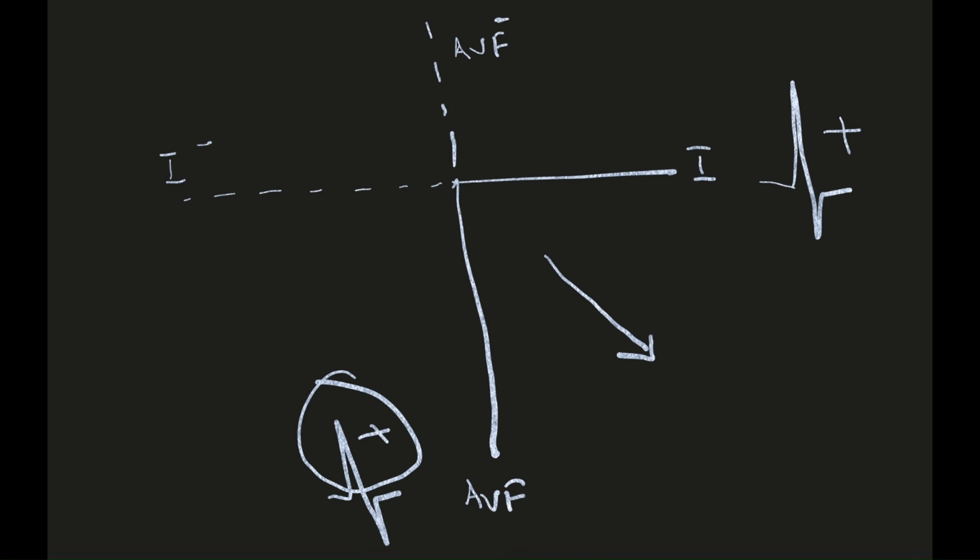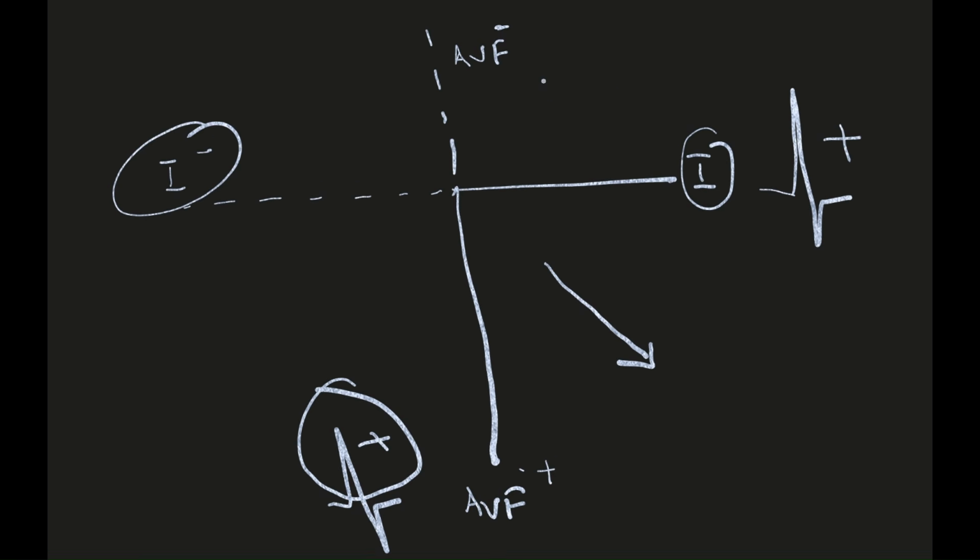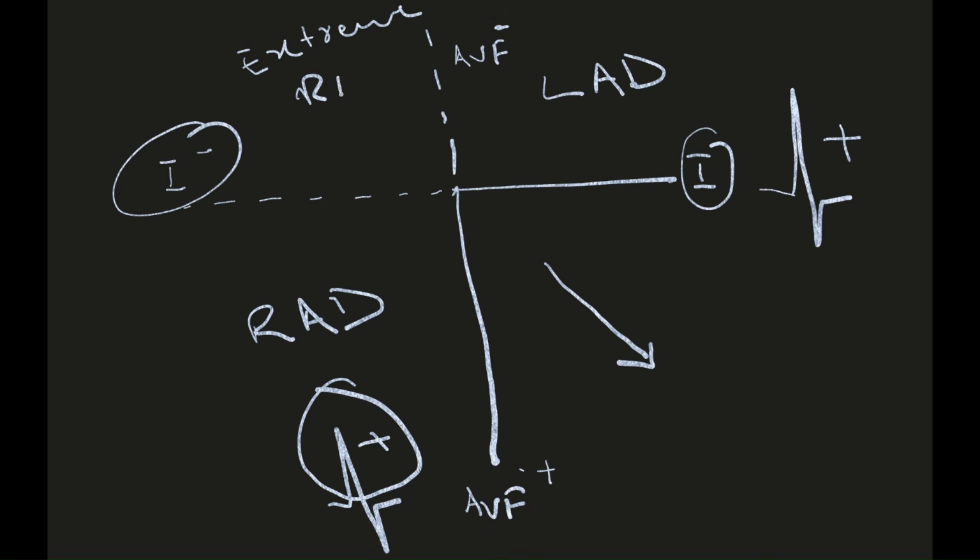You remember positive axis and negative axis. This is lead 1 with positive axis, lead 1 with negative axis. AVF positive, AVF negative. This is your left axis deviation region. This is your right axis deviation region. And we can say this is the extreme right axis deviation, extreme right.